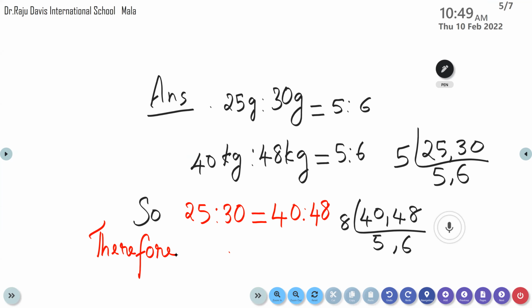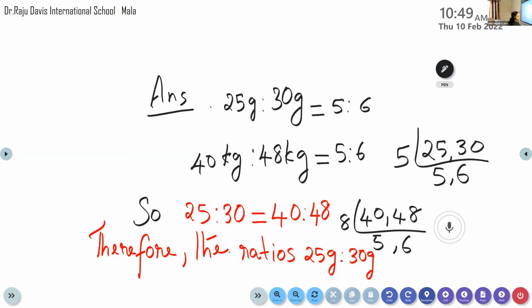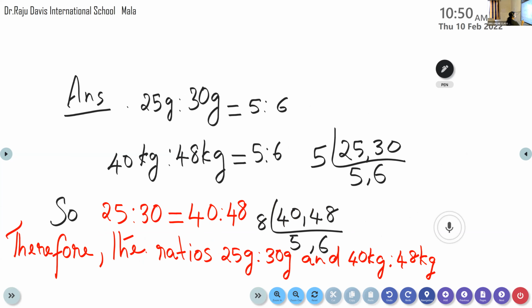What are the ratios given? Look at the question here. Therefore, the ratios 25 gram is to 30 gram and 40 kilogram is to 48 kilogram are in proportion.